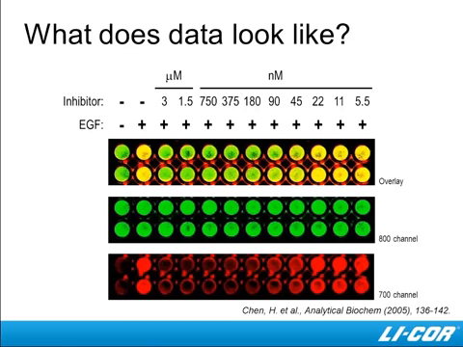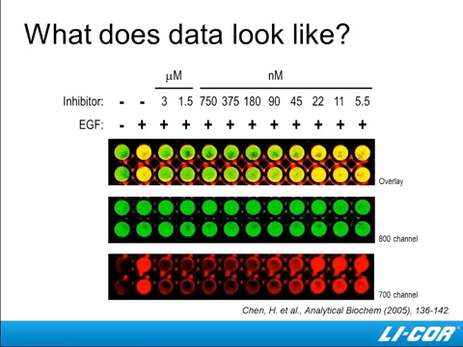So from left to right in these wells, done in duplicate, is a steady concentration of EGF. Then starting in column number 3, as you move left to right, there's a decreasing concentration of inhibitor. So what you can see is when you add EGF alone, we get high levels of phosphorylation as seen in the 700 channel.